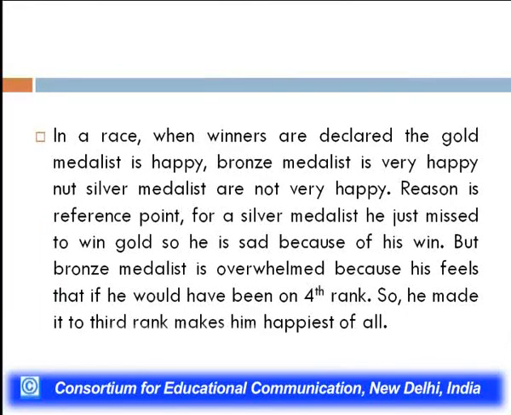Another example: all of us have seen that whenever a race takes place, there are first, second and third rank positions, and winners are declared. There is a gold medalist who is happy, a bronze medalist who is usually very happy, but silver medalists are not very happy or are sad. Why? The reason is the reference point.